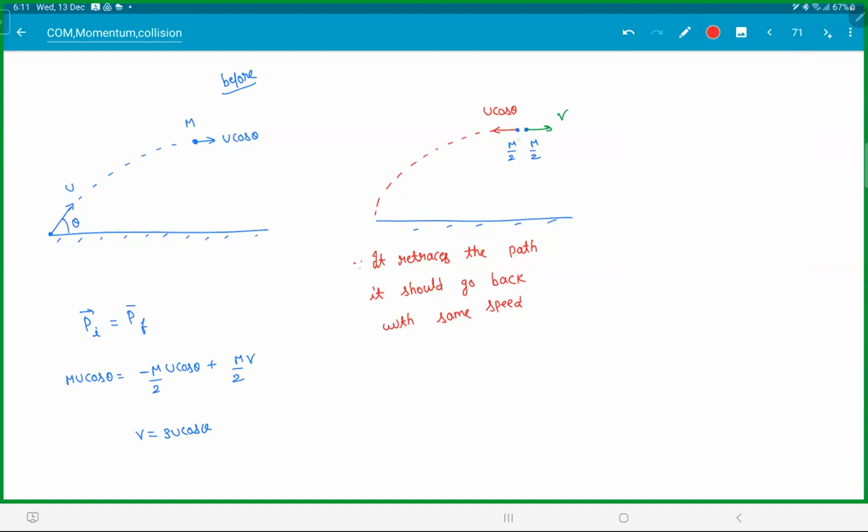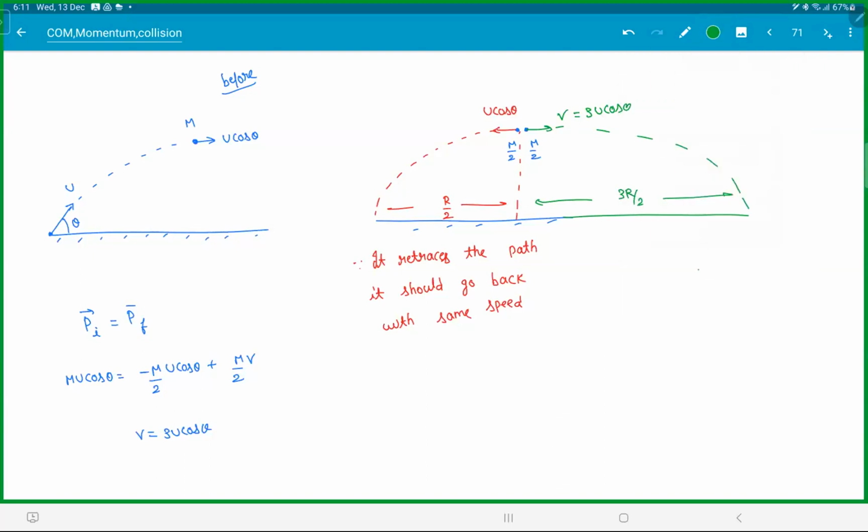Now think about it logically. If you go with u cos theta, you're having a range of R/2. If you go with 3u cos theta, how much will you go? 3R/2, right? Make sense? So the answer is 2R from the point of projection.